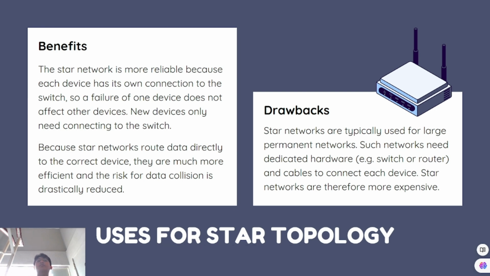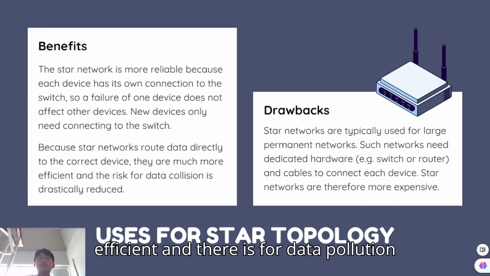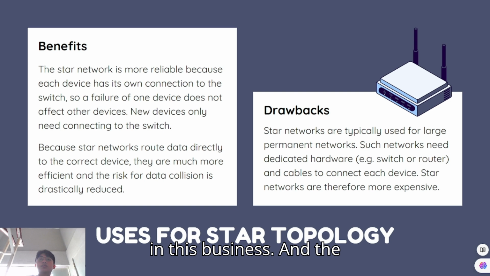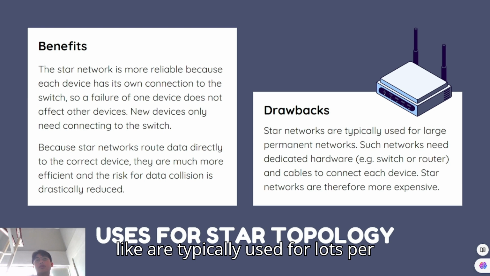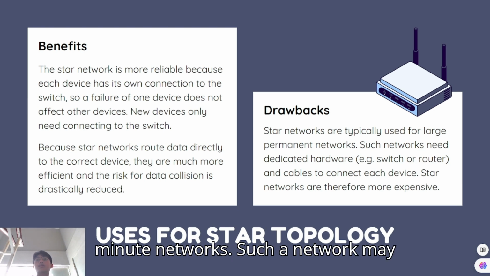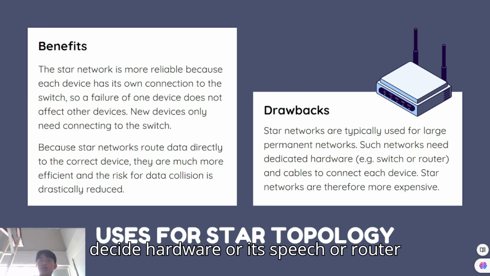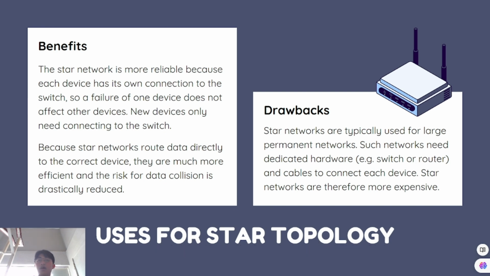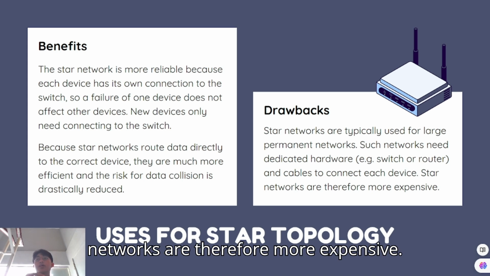They are more efficient and the risk of data collision is reduced. The drawbacks of star topology: it is typically used for large permanent networks. Such a network needs dedicated hardware, a switch or router, and cable to connect its devices. Star networks are therefore more expensive.